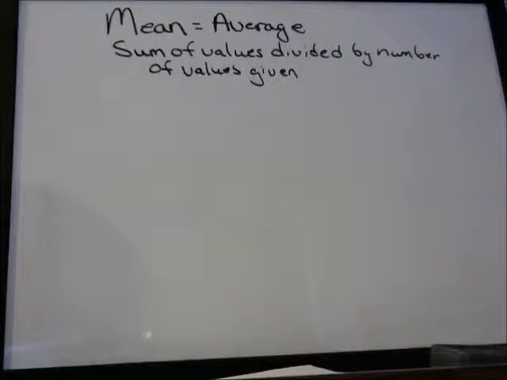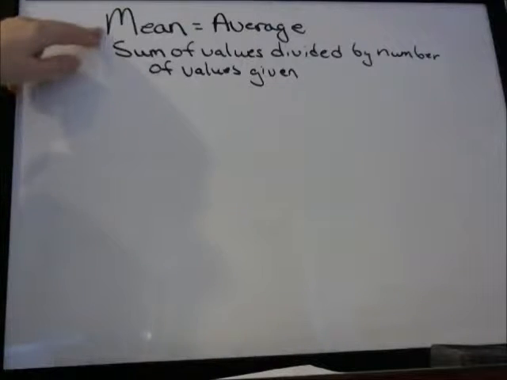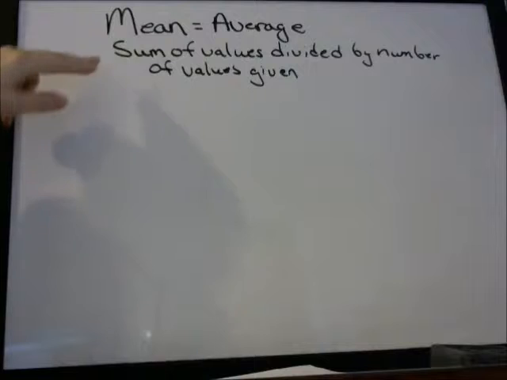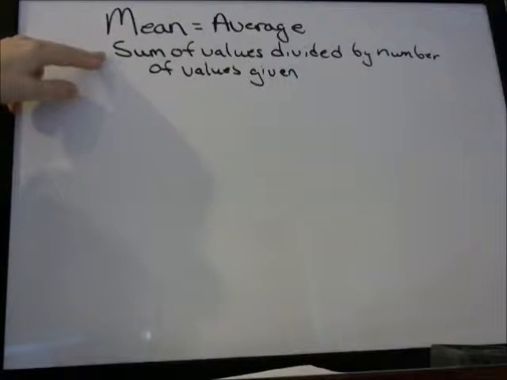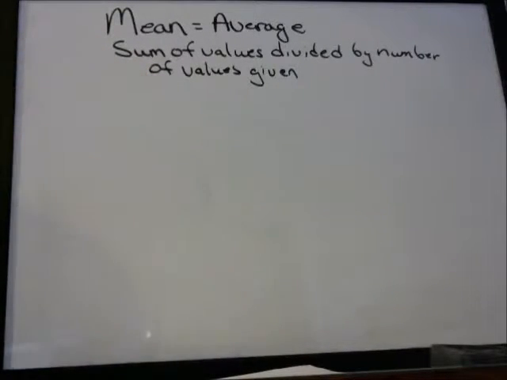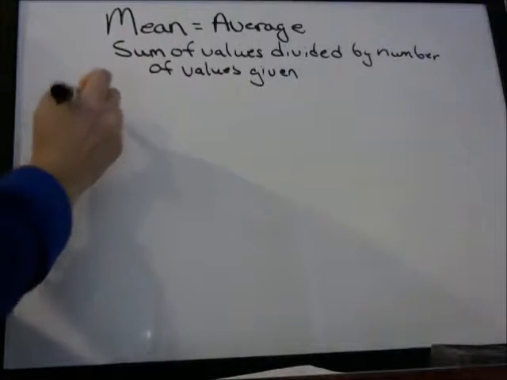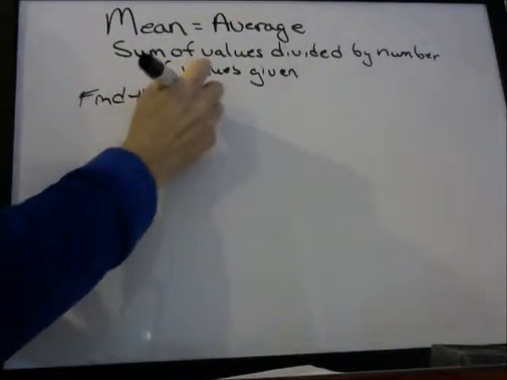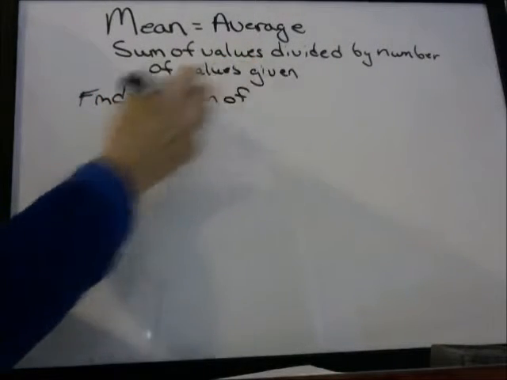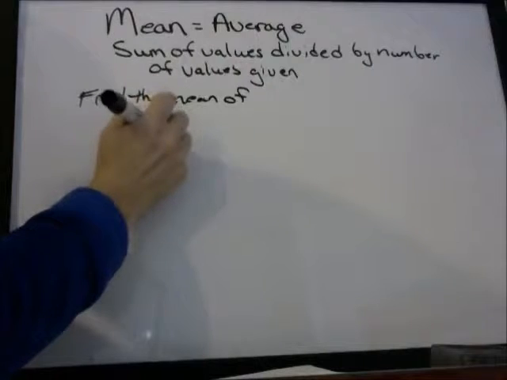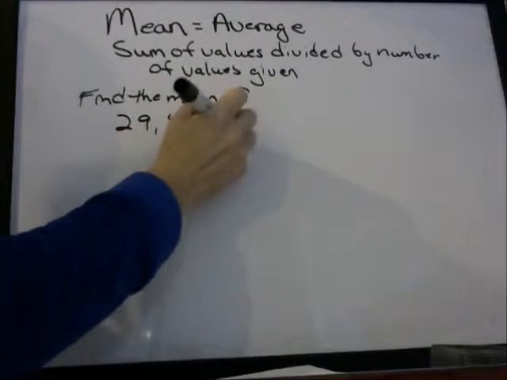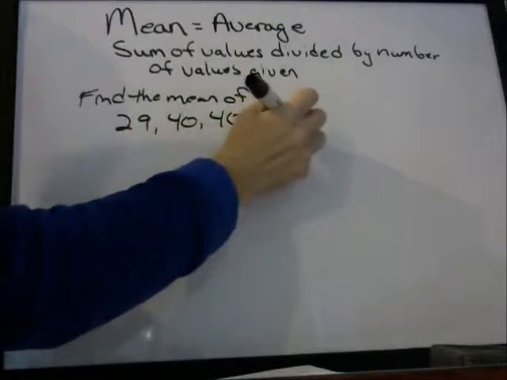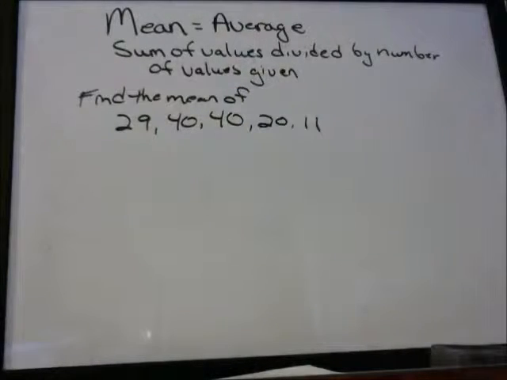So how we find the average, or mean, is what you will likely see on the test is the word mean, is we add up all the values and divide by how many values there are. For example, let's say we're going to find the mean of these numbers: 29, 40, 40, 20, 11.